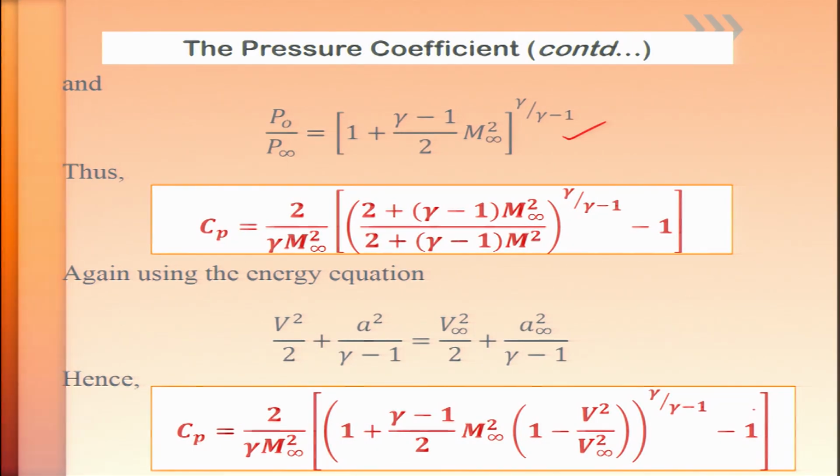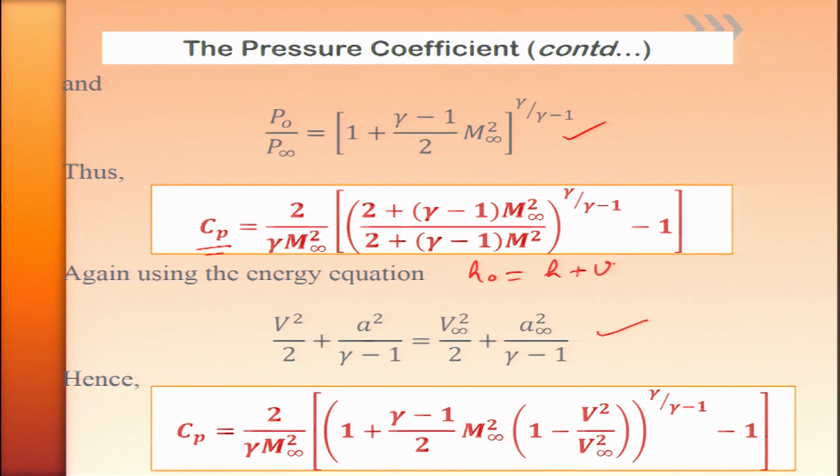Introducing that relationship in the Cp definition, I get 2 by gamma M infinity square, times 2 plus gamma minus 1 M infinity square upon 2 plus gamma minus 1 M square to the power gamma upon gamma minus 1, minus 1. And now using the energy equation, H naught is equal to H plus V square by 2, over the body for a compressible flow somewhere here and somewhere here, then applying this equation and this equation, I will obtain such a big expression that is termed the pressure coefficient for the compressible flow medium.